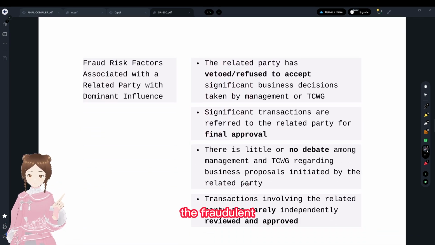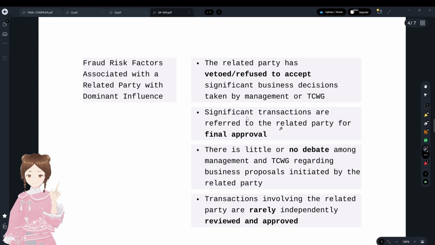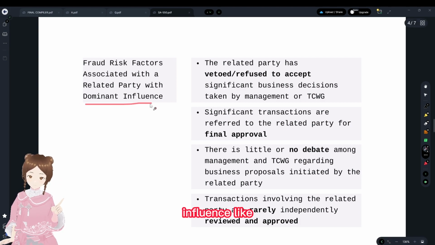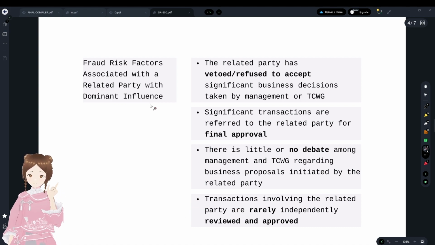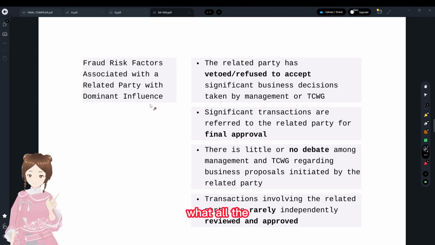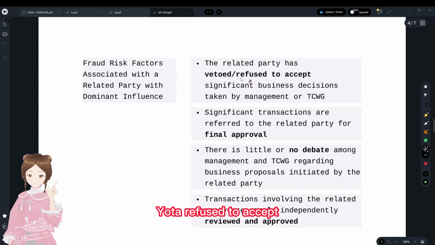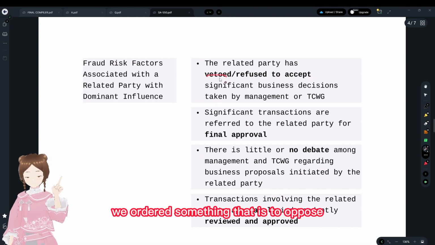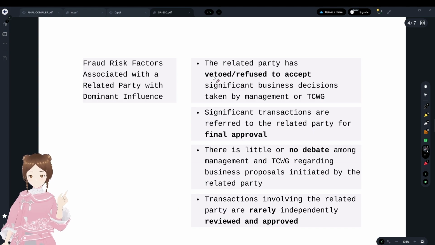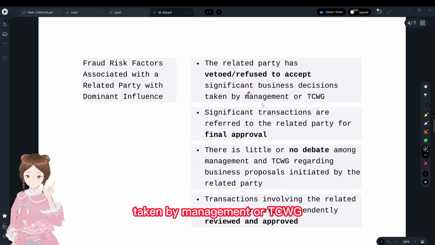And with regards to the fraud risk factors associated with related parties with dominant influence, like one entity or one particular person having a dominant influence, what could he do? The related party has vetoed, that is, opposed or refused to accept, the significant business decisions taken by management or TCWG.